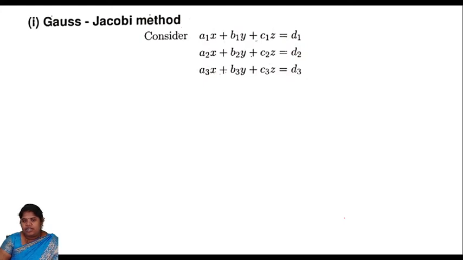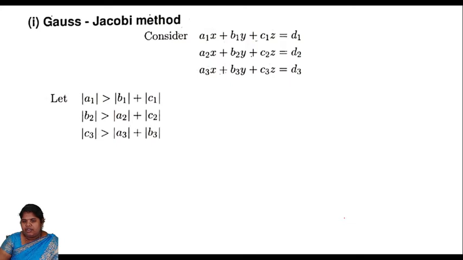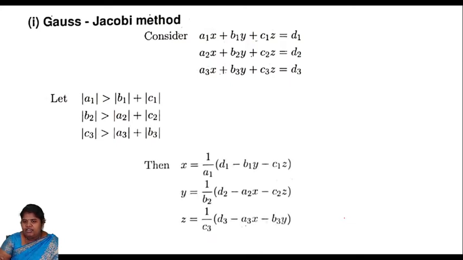Now the Gauss-Jacobi method. We will be given a set of equations and we should check the diagonally dominant condition. Then we can write x from the first equation.